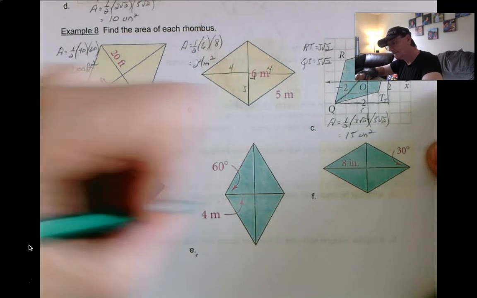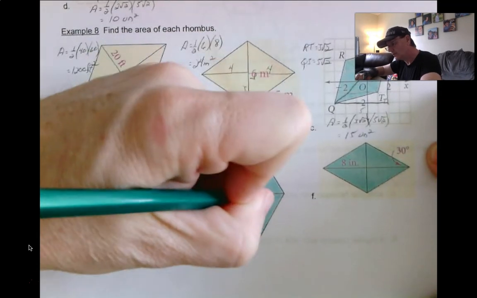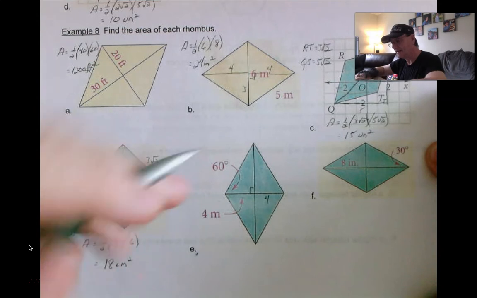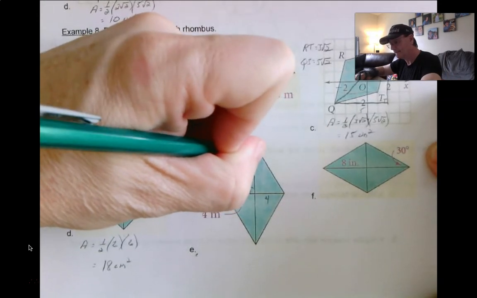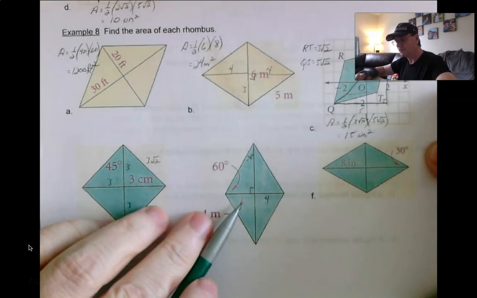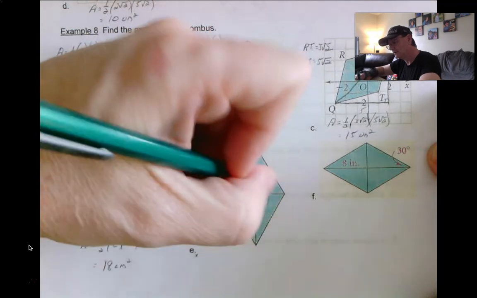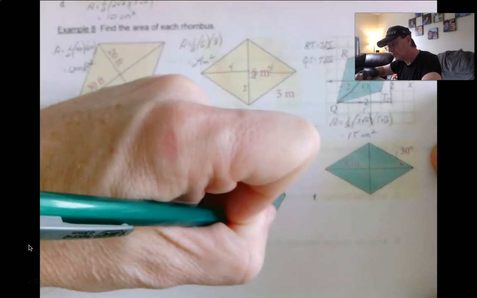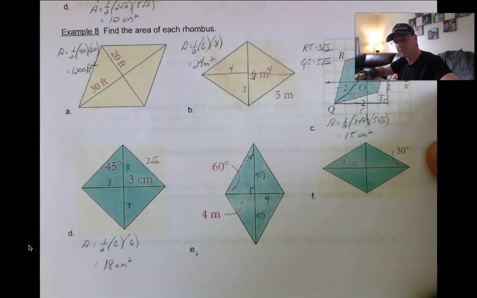Part E, again, right angle, 4. This is a 30, 60, 90. 30 here. If this is 4, the short leg, the long leg is going to be 4 square root 3 here.